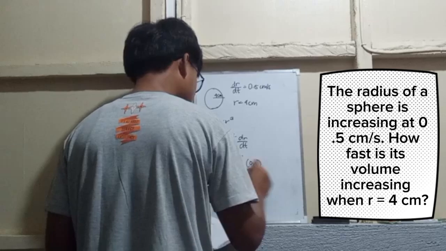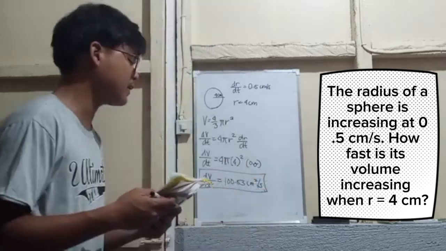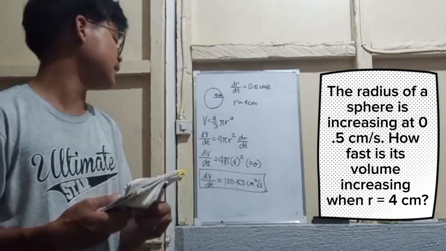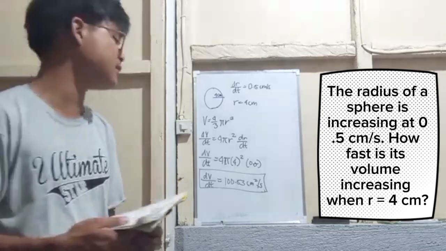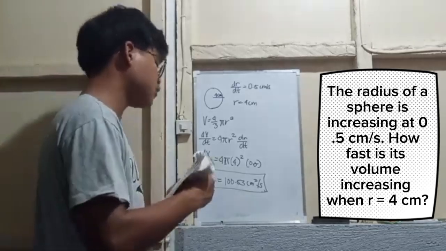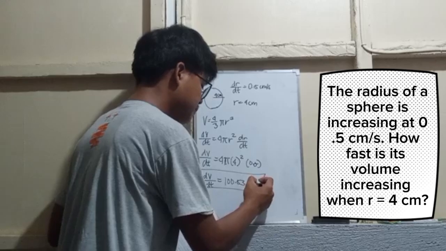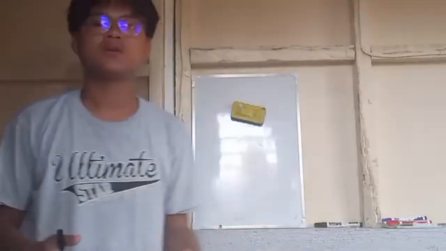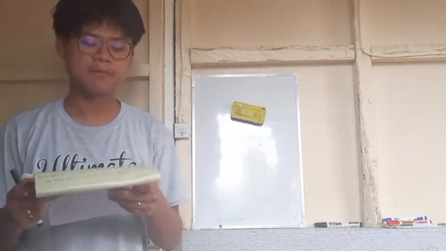So now we have the final value of the rate of the volume as 100.53 centimeters cubed per second. So we'll proceed to the next problem.